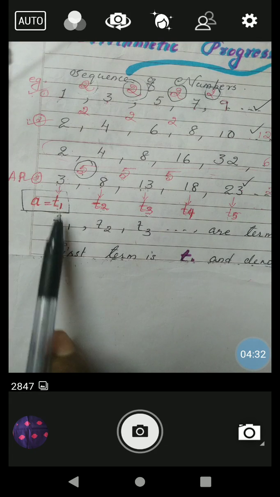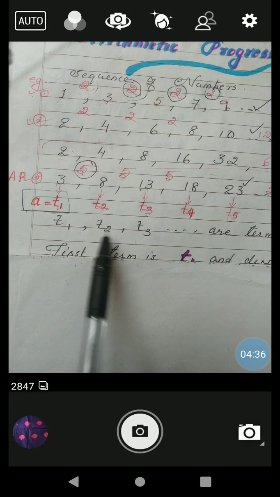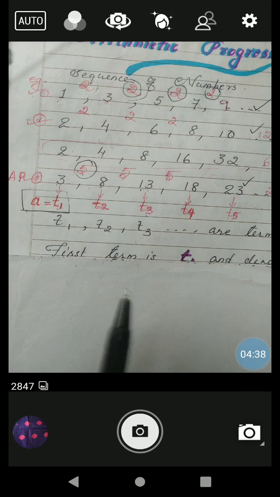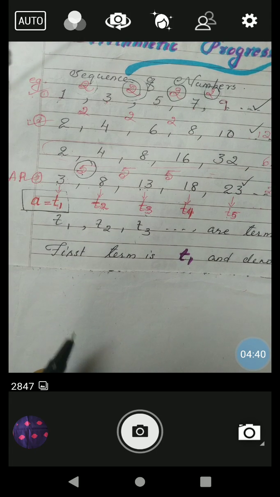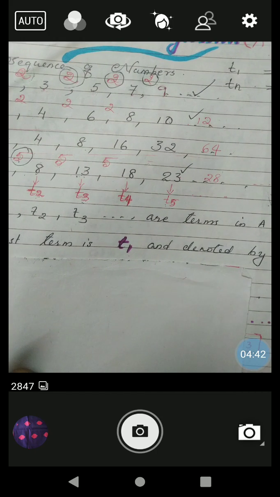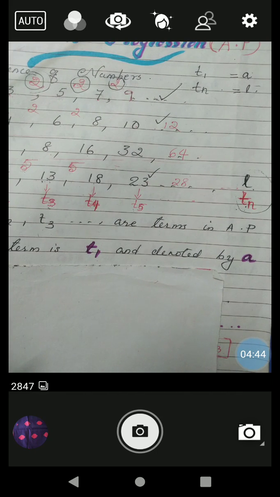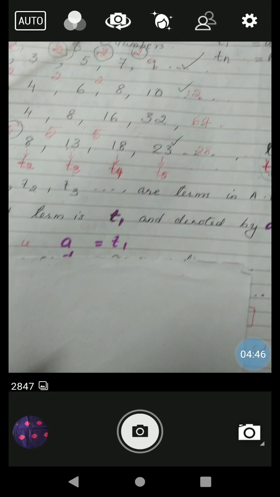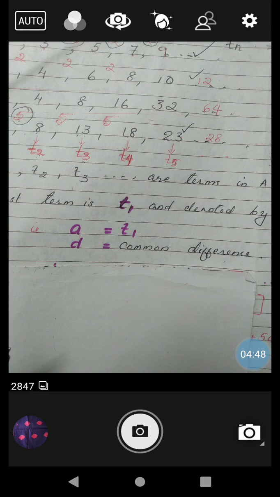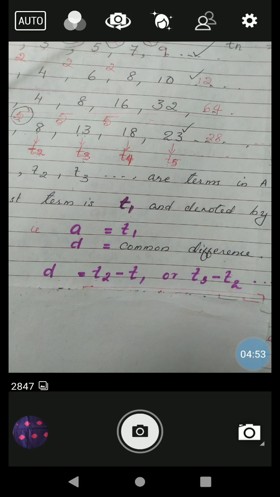So here T1 is the first term, T2 second term, T3, these are the terms. First term is T1 and denoted by the letter A. Here A is T1, D is the common difference, that is T2 minus T1 or T3 minus T2.